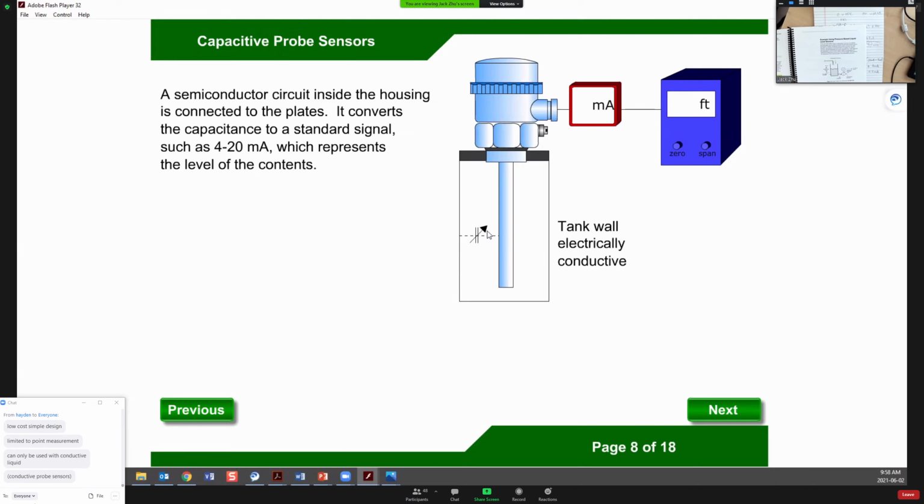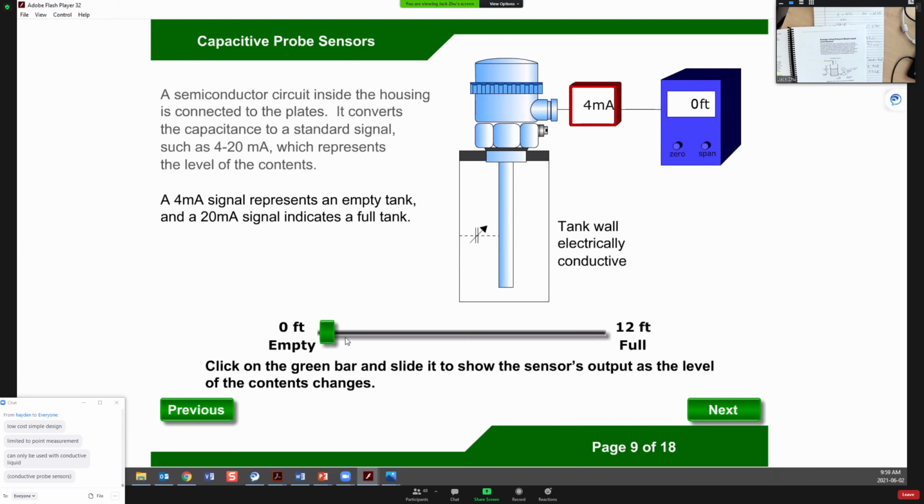Based on that K value changing the capacitance, this capacitive probe sensor can give a continuous measurement. And for the capacitance, the signal conditioning unit is going to change it into standardized electrical signals, and from that signal you can convert it to a liquid level signal.